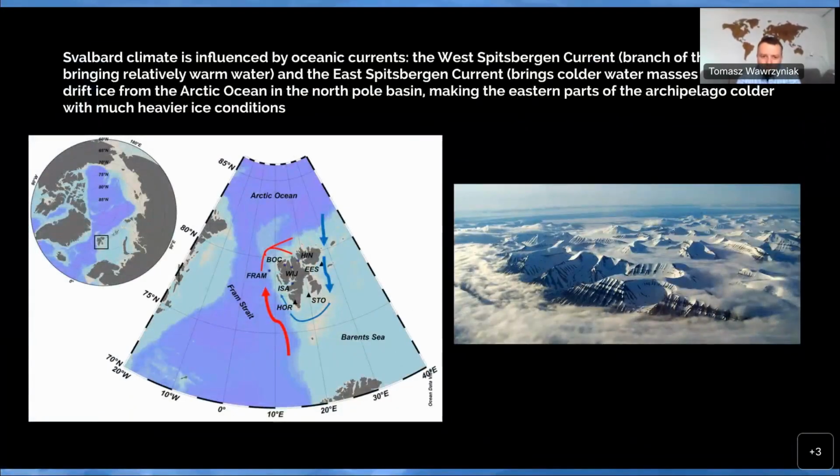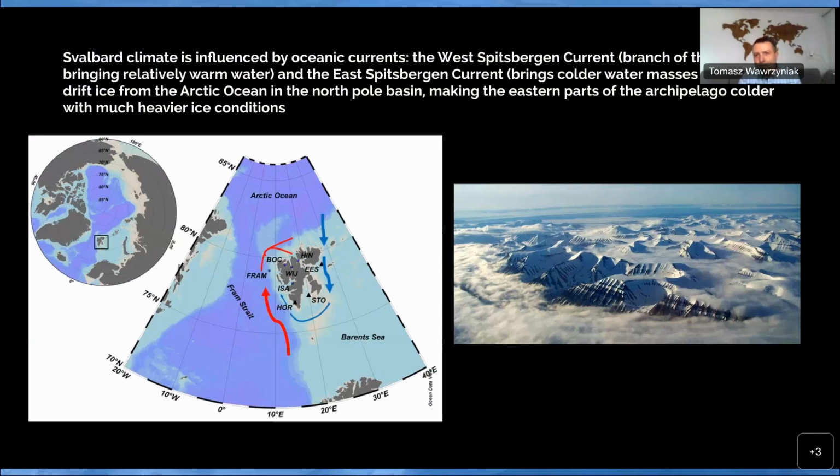The western coasts of Svalbard are highly influenced by the West Spitsbergen Current that brings warm waters from the lower latitudes towards the north. At the same time, the eastern part of Svalbard is highly influenced by the East Spitsbergen Current, which flows from the Arctic Ocean in the north towards the south, bringing colder water masses with lots of drift ice.